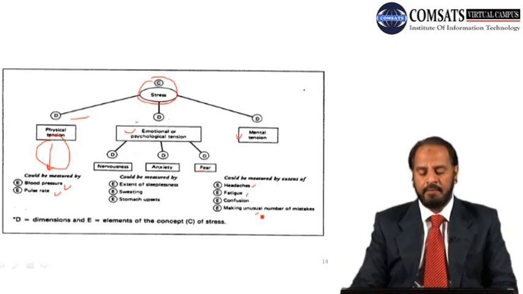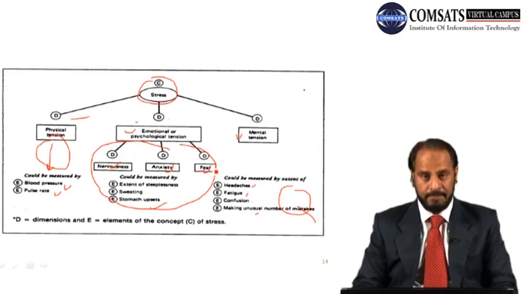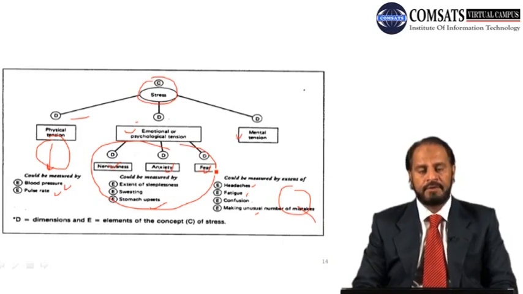These are more measurable, more quantitative in nature, but this is more qualitative in nature, so it has been further broken down into 3 sub-dimensions, so that you are able to measure them to a level.